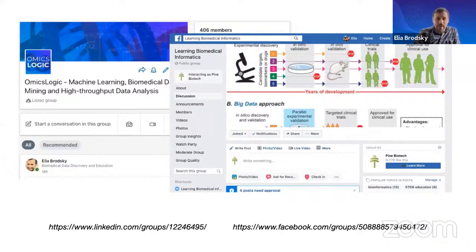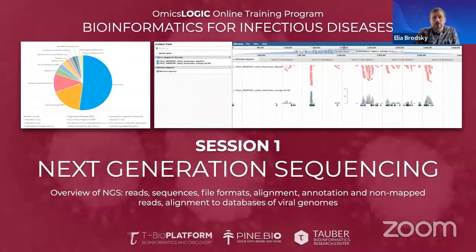Today's session is going to be dedicated to next generation sequencing. One of the technologies that has really advanced our understanding and ability to treat and diagnose diseases like infectious diseases is our ability to sequence genomes and transcriptomes and understand what's going on at the molecular level.